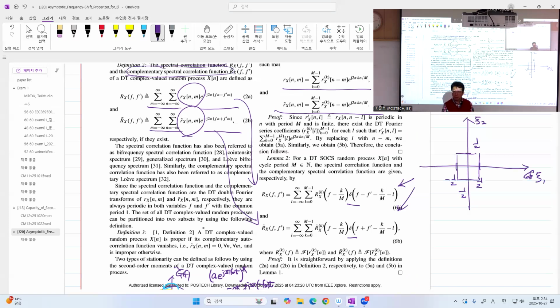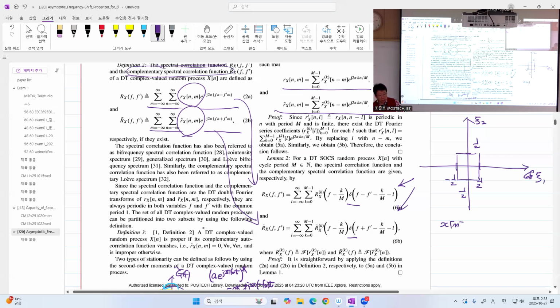2D Fourier transform or symplectic Fourier transforms do not differ when we consider discrete time Fourier transforms. As you remember, given, for example, a discrete time signal, what is the discrete time Fourier transform? It's the product between the signal and a complex exponential function with frequency f.